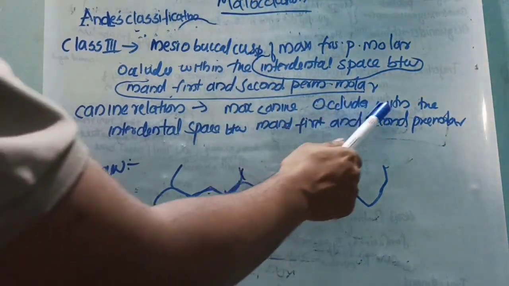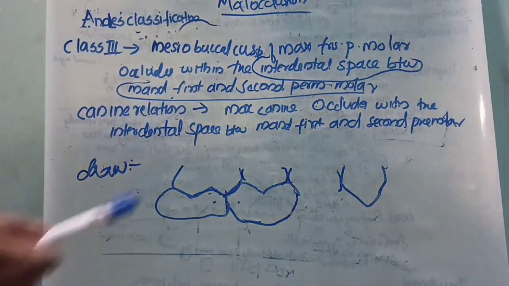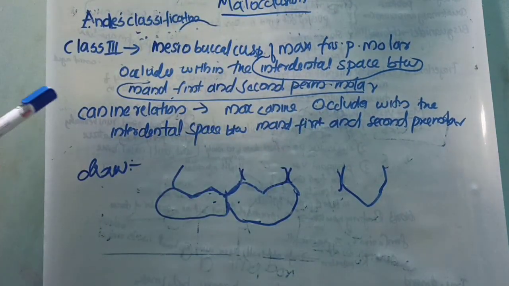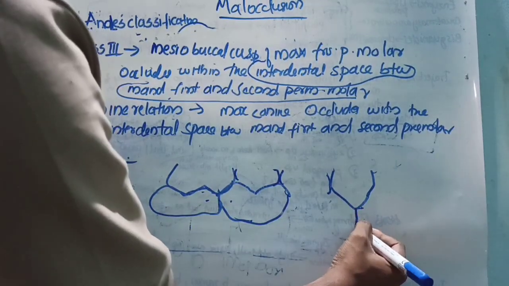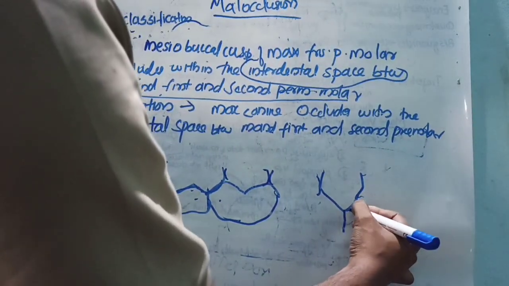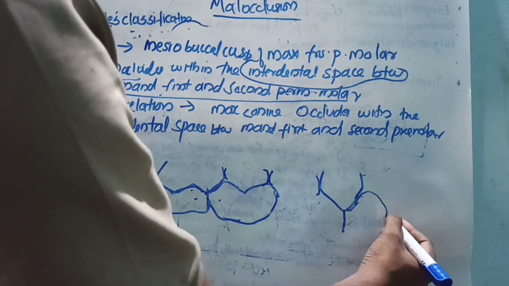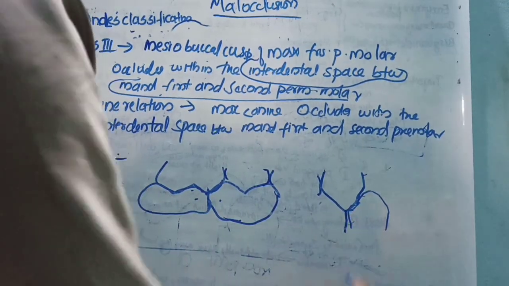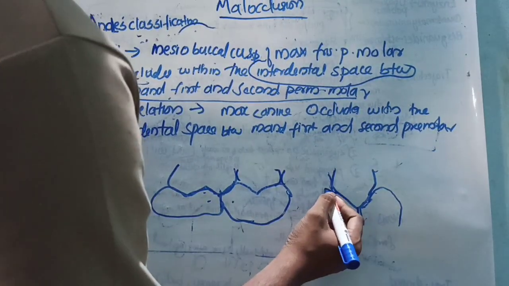The maxillary canine occludes with the interdental space between the mandibular first and second premolars. So the first premolar comes here, and the second premolar comes here.